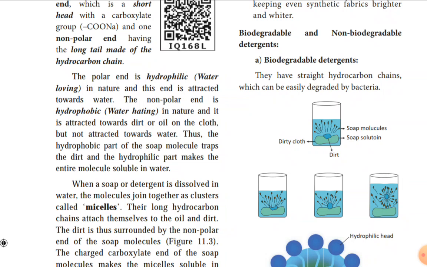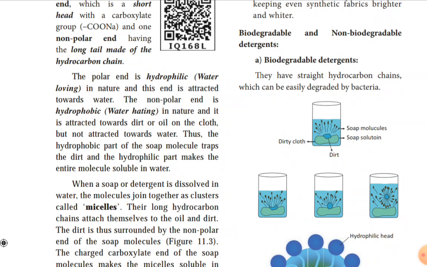You have to clearly understand two parts, polar end and non-polar end. The polar end is the short head, carboxylate group, and the non-polar end is the long tail, hydrocarbon chain. The polar end is hydrophilic, water loving, attracted towards water.